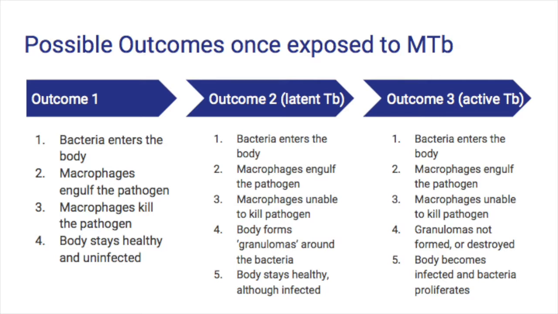So the body, to combat this, and we'll go into this deeper later in this presentation, will form a granuloma around the bacteria. Basically it'll just encapsulate it and store it, so the bacteria cannot proliferate, and they just stay in that granuloma. Again, the body will stay healthy, although still infected with the disease.